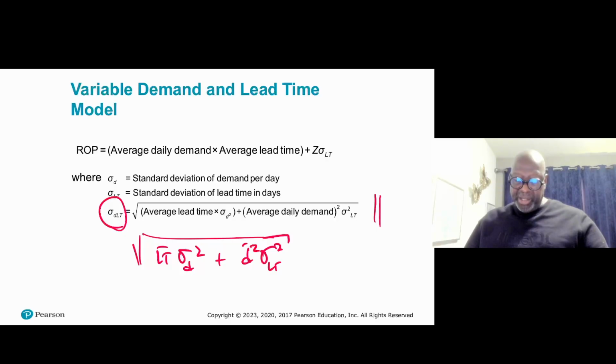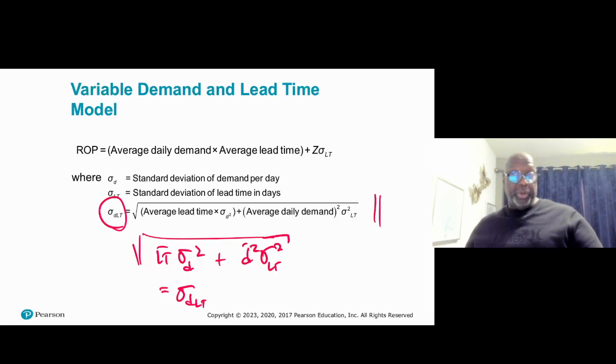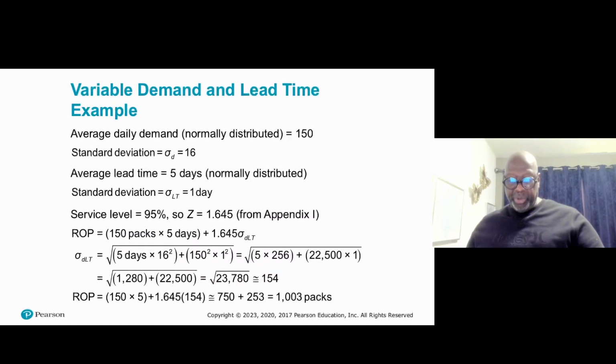That would give you a standard deviation of the demand during the lead time. All right. Once you multiply that by Z, then you will get your safety stock, and you could compute your reorder point. So that's what this example is doing.